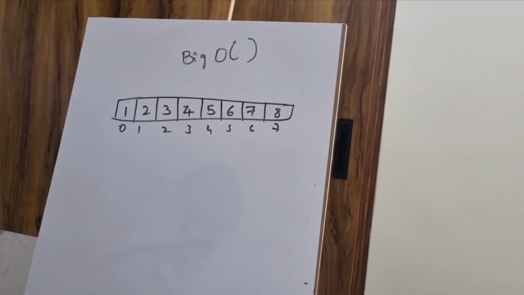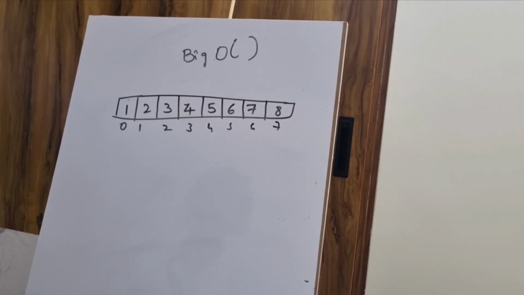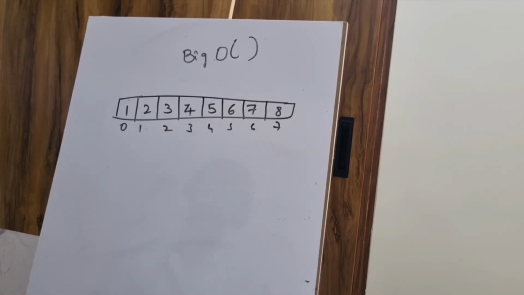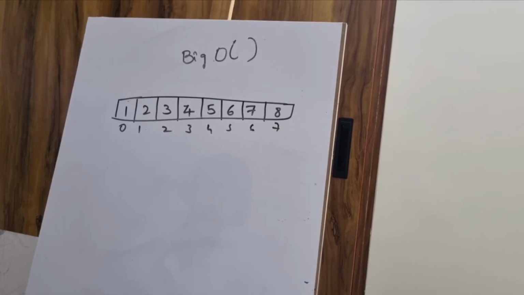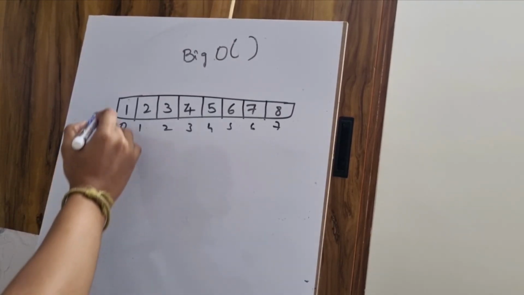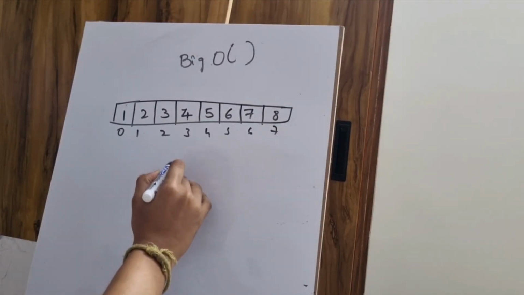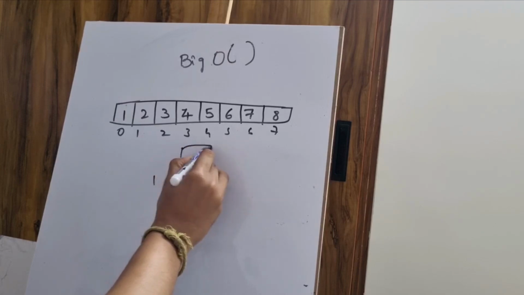Okay, now we'll be looking at a different time complexity. Assume that you have an array which ranges from 1 to 8, and you have developed a searching algorithm based on the divide and conquer method, and you want to search where 1 is located in the entire span of the array. So you go with the elimination method. First you check, is the number 1 greater or lesser than the middle of the array.